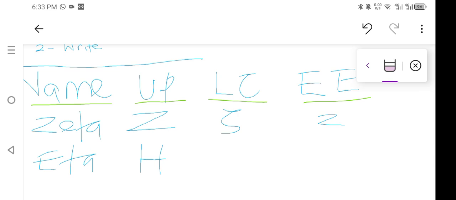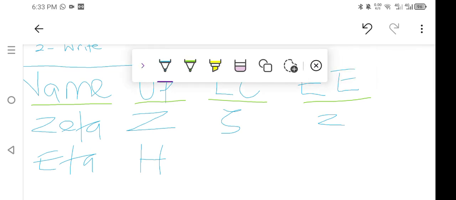Now, the lowercase is completely different from how it appears in the uppercase. In the lowercase, small letter, you will actually find something that looks like an N. I've written this first to guide us a little bit.